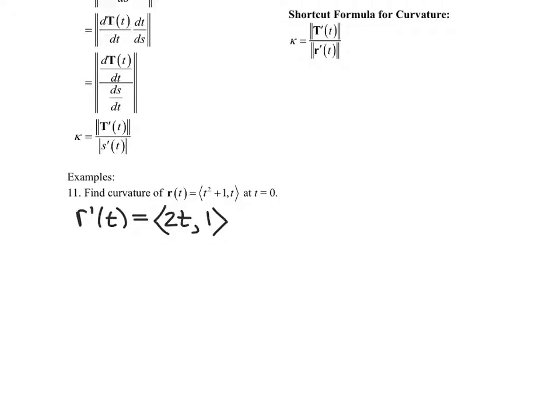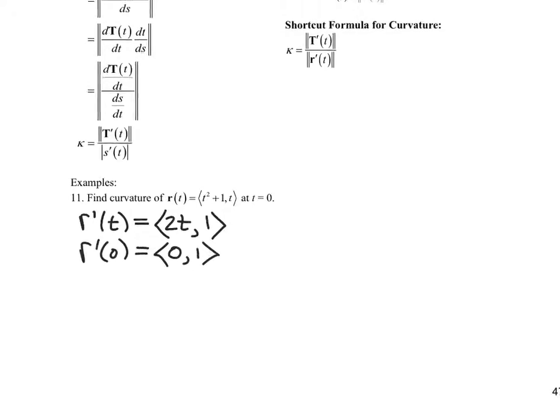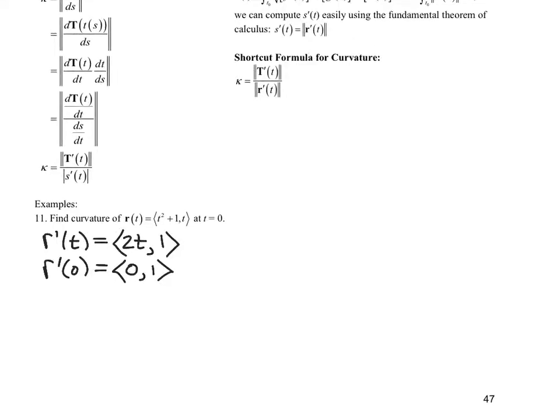I'm going to want that at 0, so r prime of 0. So I know the derivative at 0. Now I want the magnitude of that, and that's just going to be a 1. You can plug that into a formula if you want, but it's just going to be equal to 1.